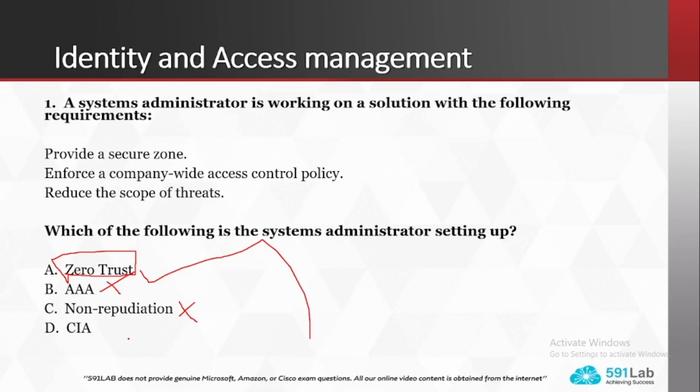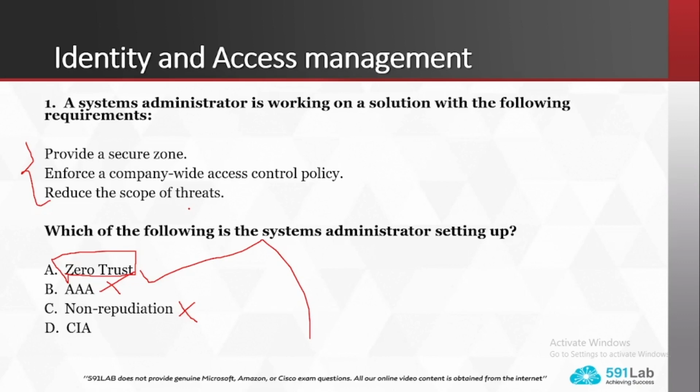While the third, the D option, is about confidentiality, integrity, and availability, these are fundamental security goals, but zero trust is a specific architecture and philosophy for achieving the solutions that are listed in this topic. Therefore, considering all the requirements, zero trust is most likely the solution to this system administrator's setup.